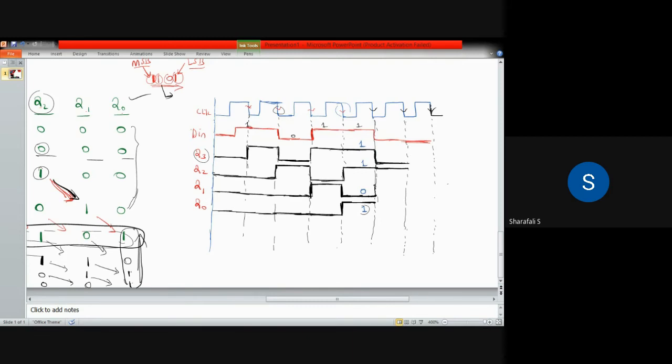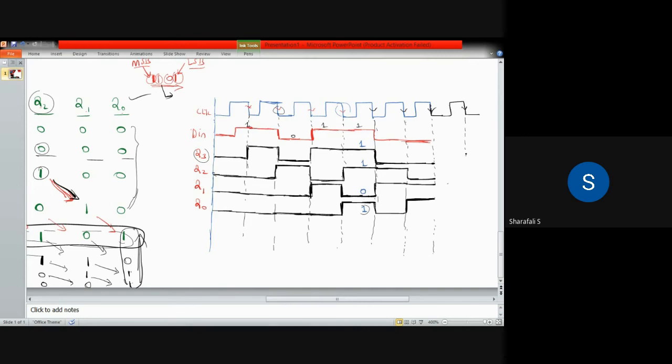This one will become high, and this one will become low. Again, this is 0, and this will be 0 again. This will remain at a high value. This one is going to become high. So the next one, maybe one more.